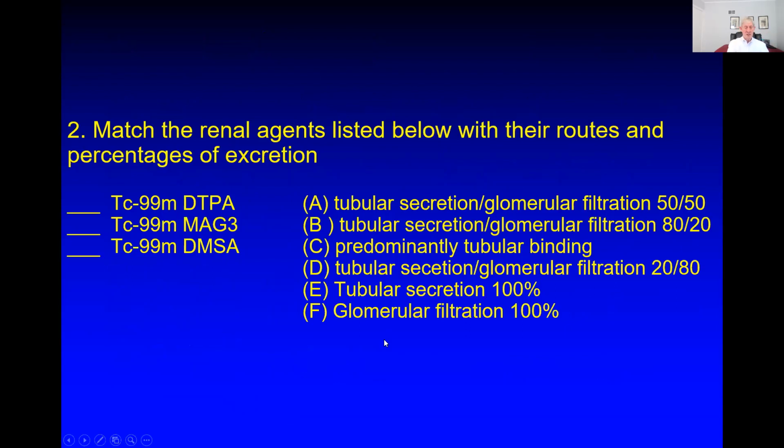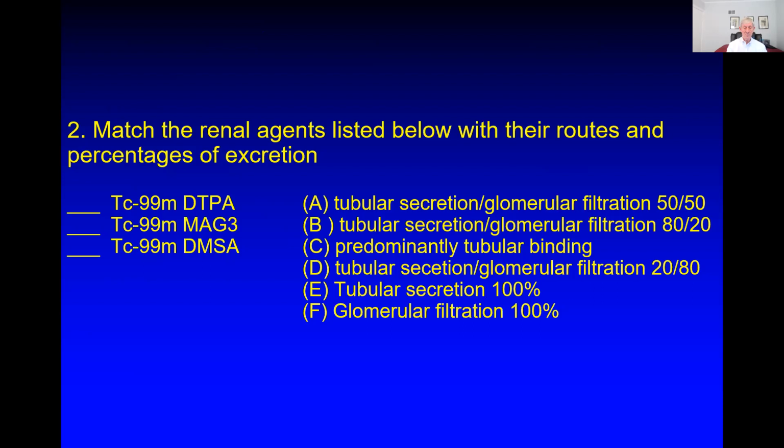Okay, there are 3 drugs on the left. We want to put in those 3 lines the letter that corresponds with its route and percentage of excretion. So number 1, DTPA. What letter do we want to put there? F. F, glomerular filtration. MAG3. B. Secretion filtration ratio is 80 to 20.